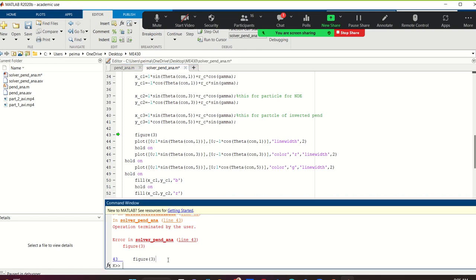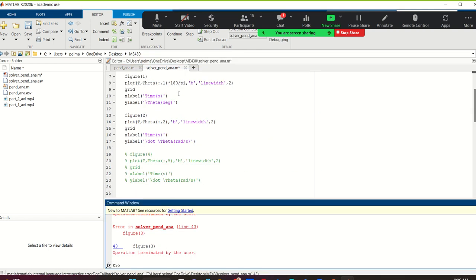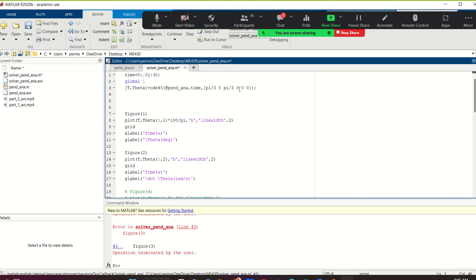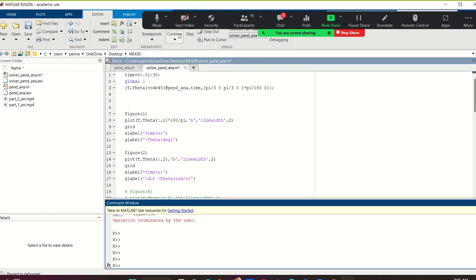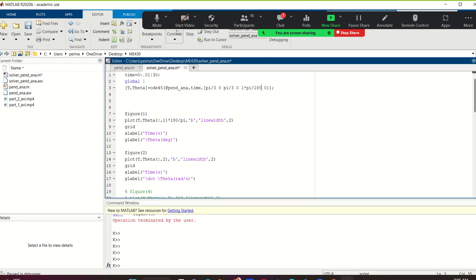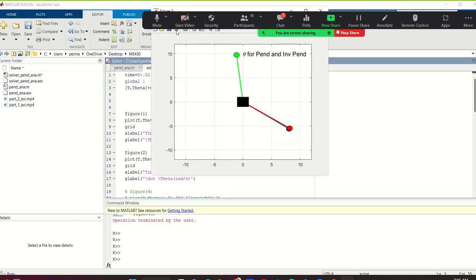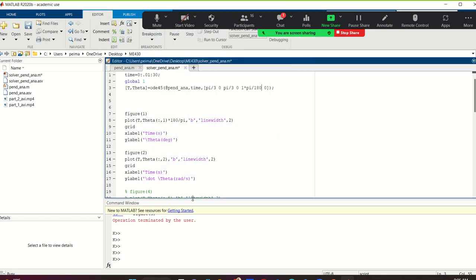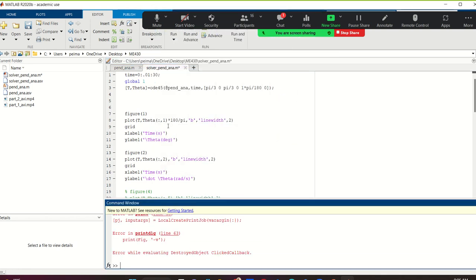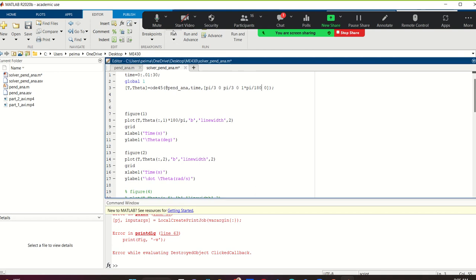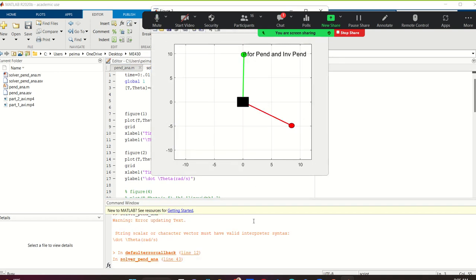Even if I want to change it to 1 degree, just slightly different from the equilibrium point. Okay, just 1 degree. What happens, guys?